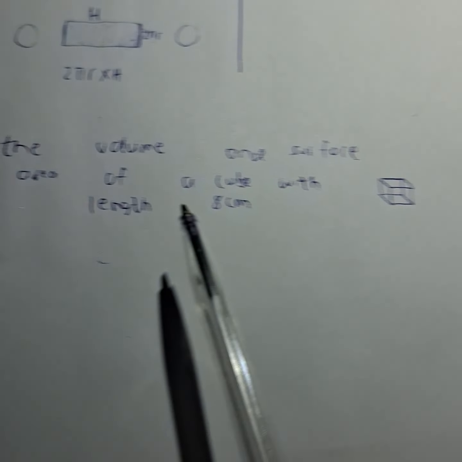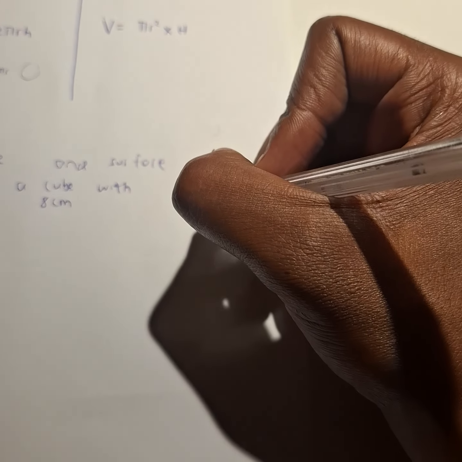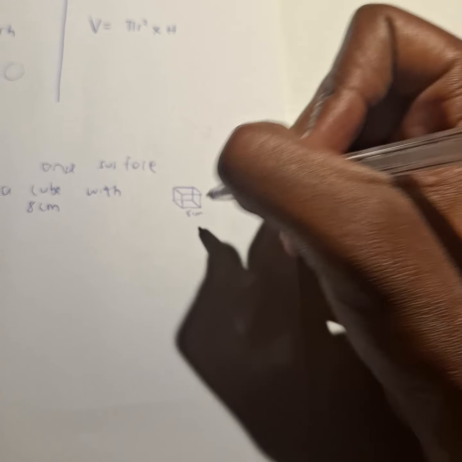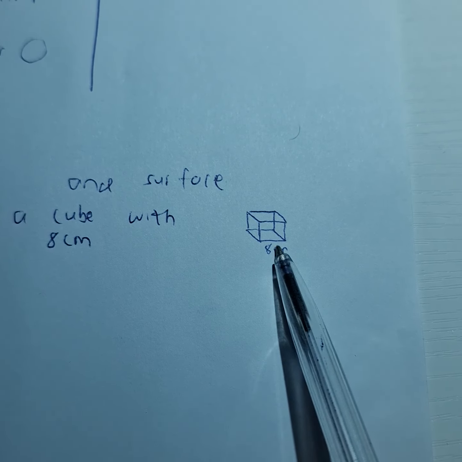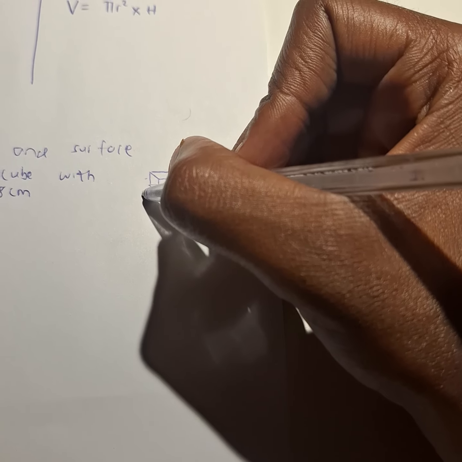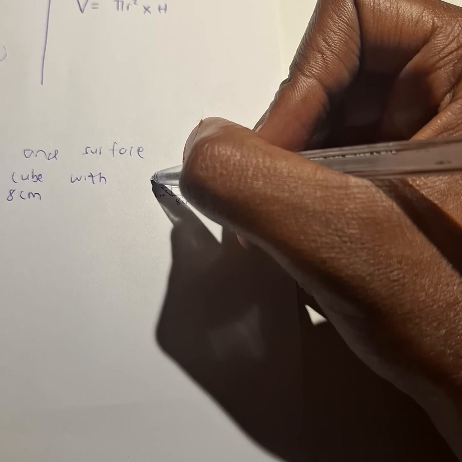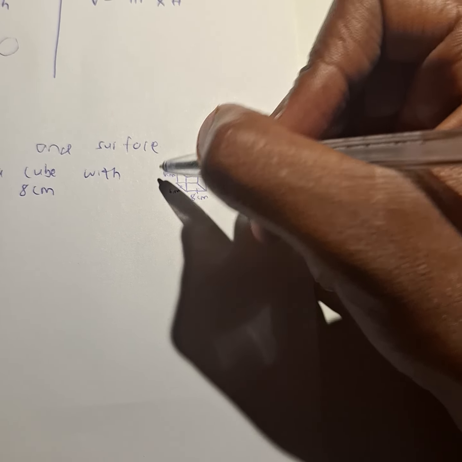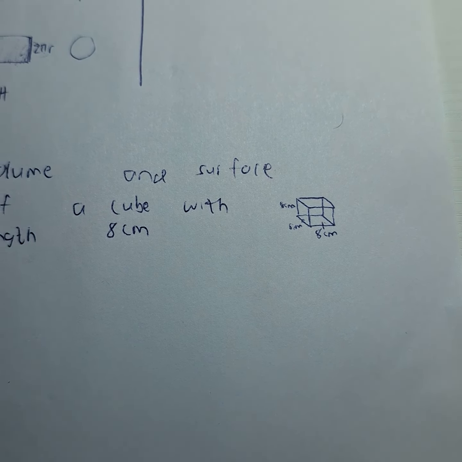There's our cube. They're saying the length is 8 centimeters. So length I know is kind of like this side. If that is 8, since this is a cube, we know for a fact that this will also be 8, and that will also be 8. So we are going to have all dimensions being 8 centimeters.